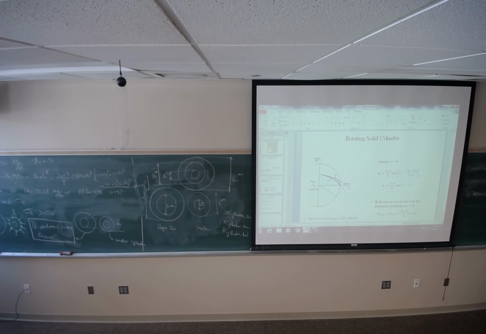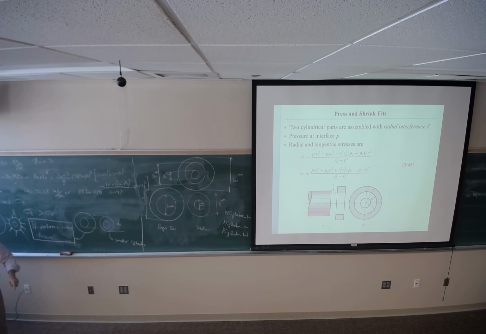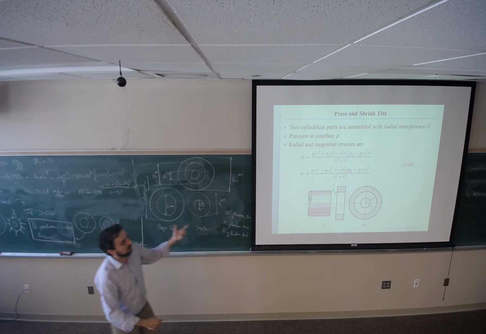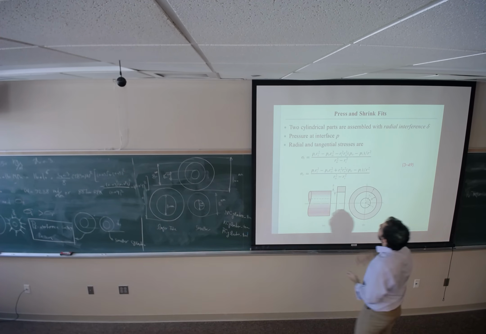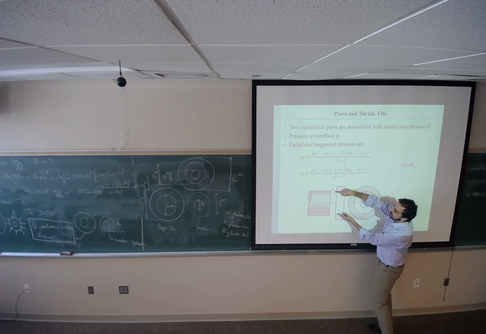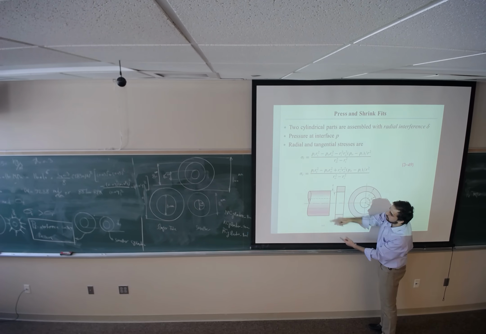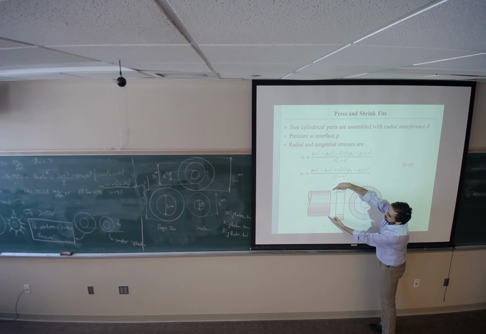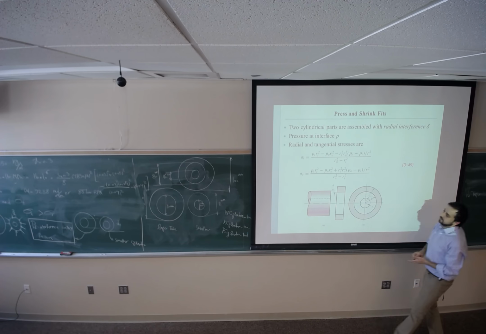All right. The last topic is what would be the stress developed on the press fitting components. I explained that. Now I'm going to look at the equation. As I said, when you do the press fitting, the smaller component is slightly larger than the larger cylinder.